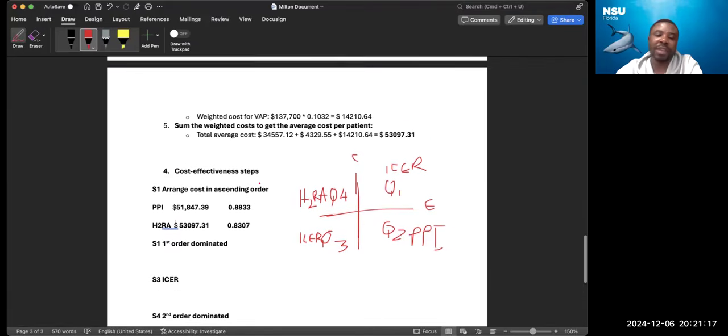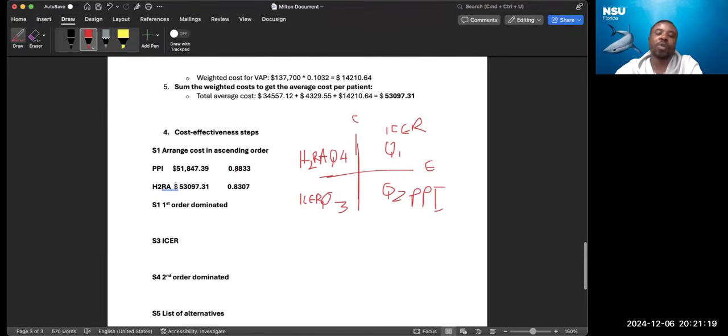In this particular one, we are not really interested in the ISA because of where the PPI and the H2 array fall. In order to do the calculation for the ISA, we just have to subtract this from this, and that from that. I'll show you the article where they did the ISA.